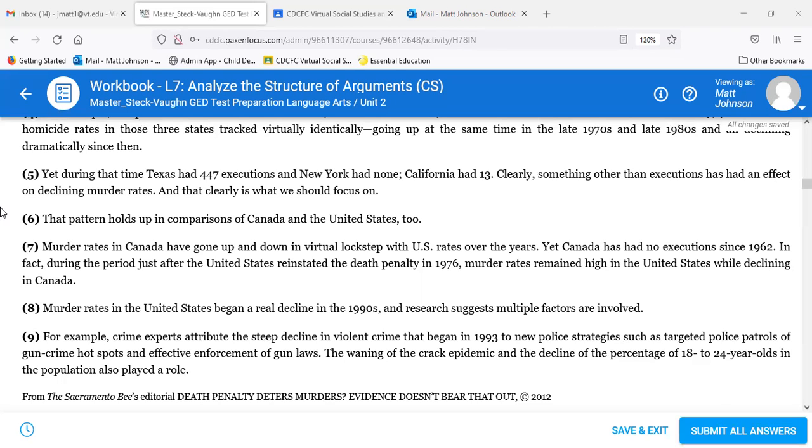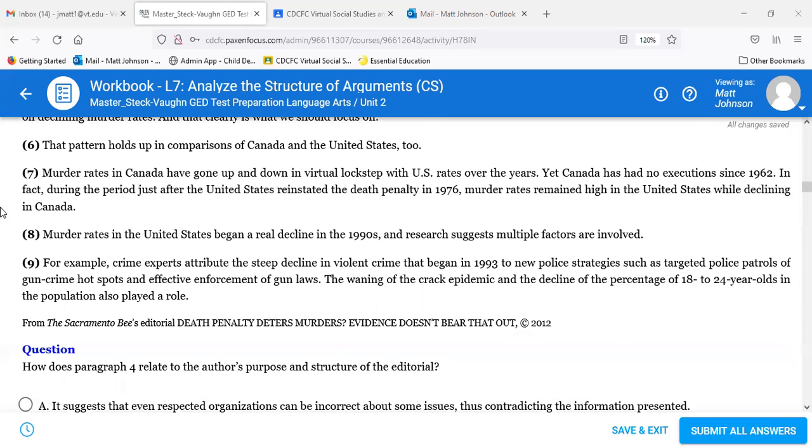The waning of the crack epidemic and the decline of the percentage of 19 to 24 year olds in the population also played a role.